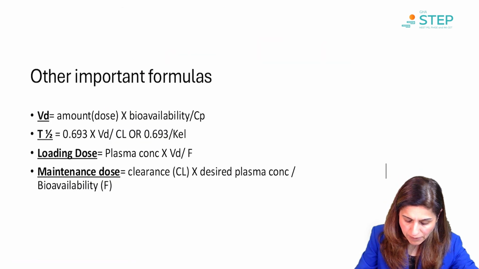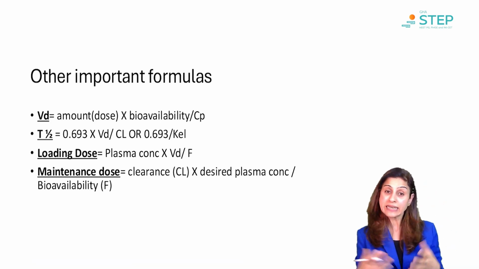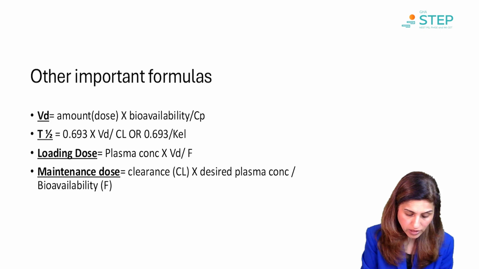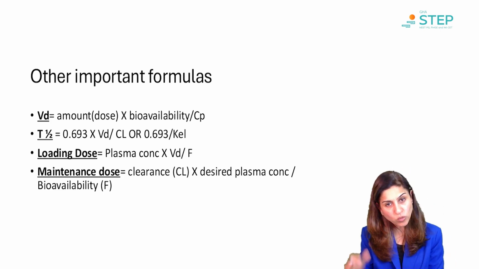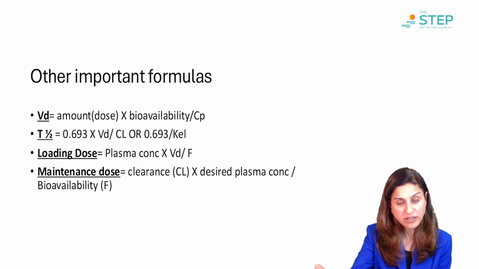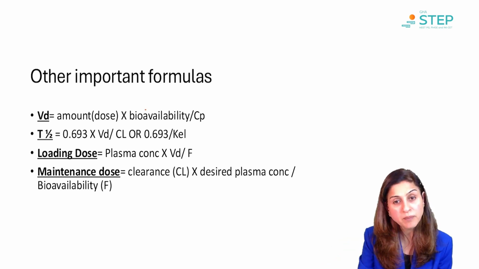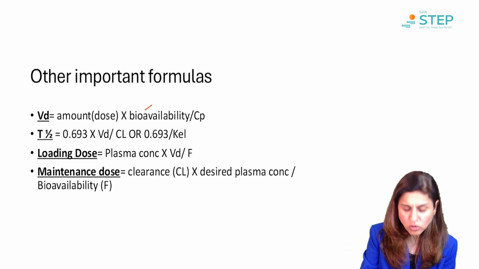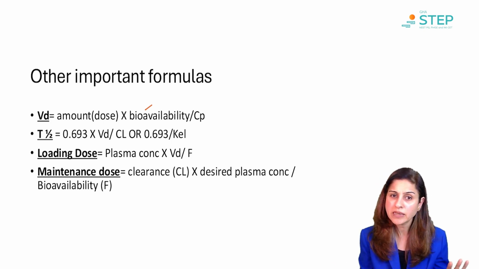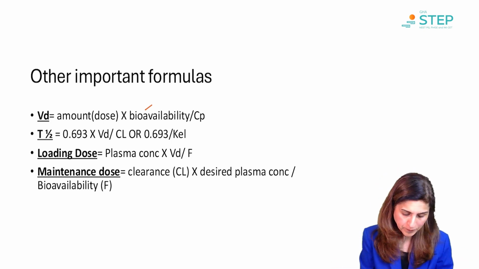Then these are some other important formulas that can be asked, or have been asked in previous question papers, but these are ones you should know. Volume of distribution: the formula is the amount or dose of the drug you give divided by the plasma concentration. If it is an oral drug, then bioavailability also comes into the factor. For an IV drug, bioavailability is 1, so the answer will not be affected.